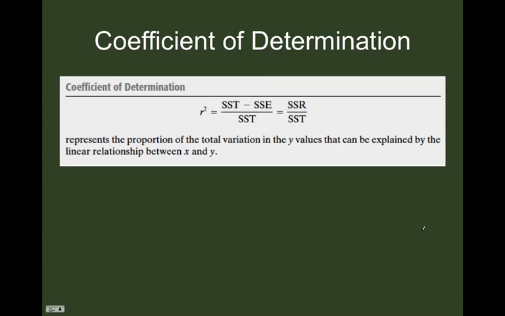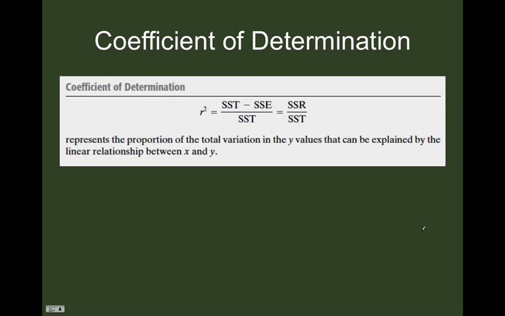And it's defined to be the sum of squares total minus the sum of squares error over the sum of squares total, which is the sum of squares residual over the sum of squares total. Since the denominator is a total, it makes the ratio a percent or a proportion.